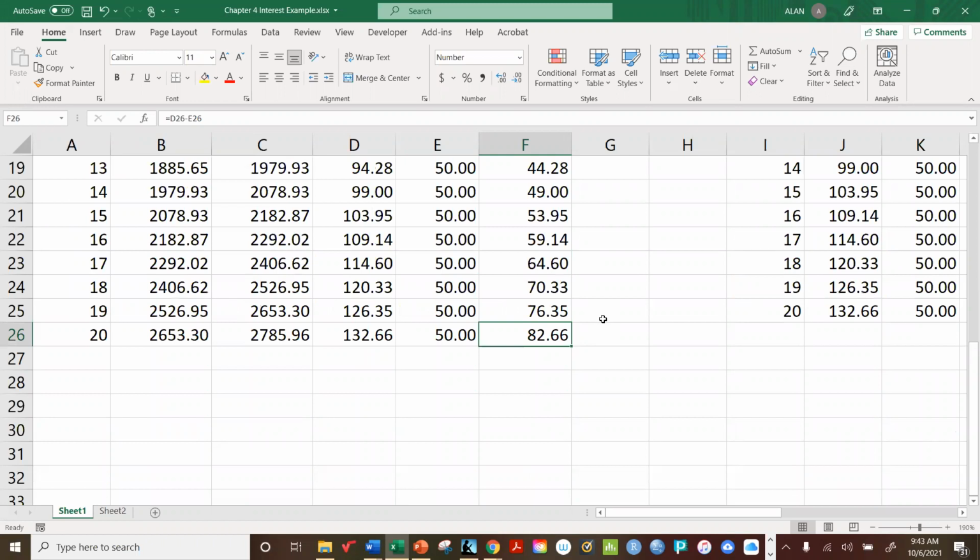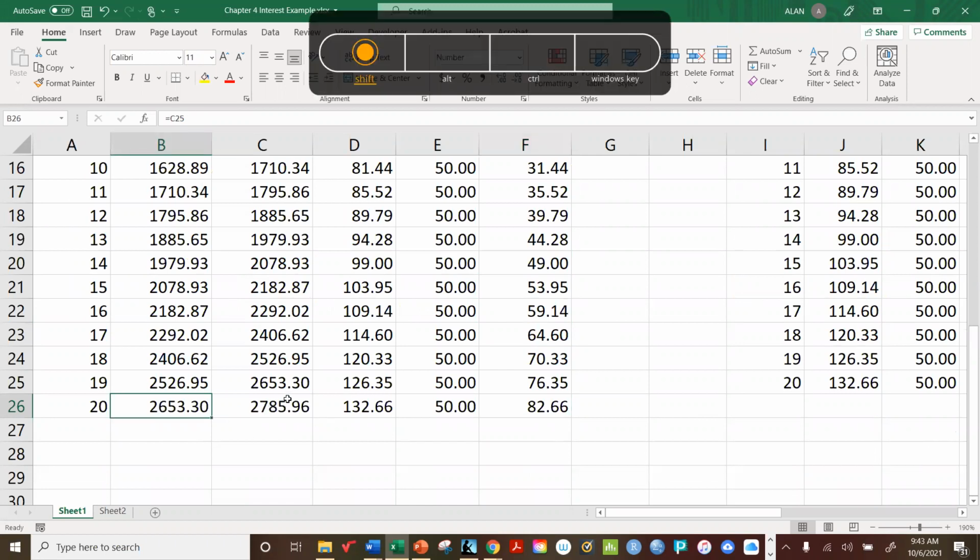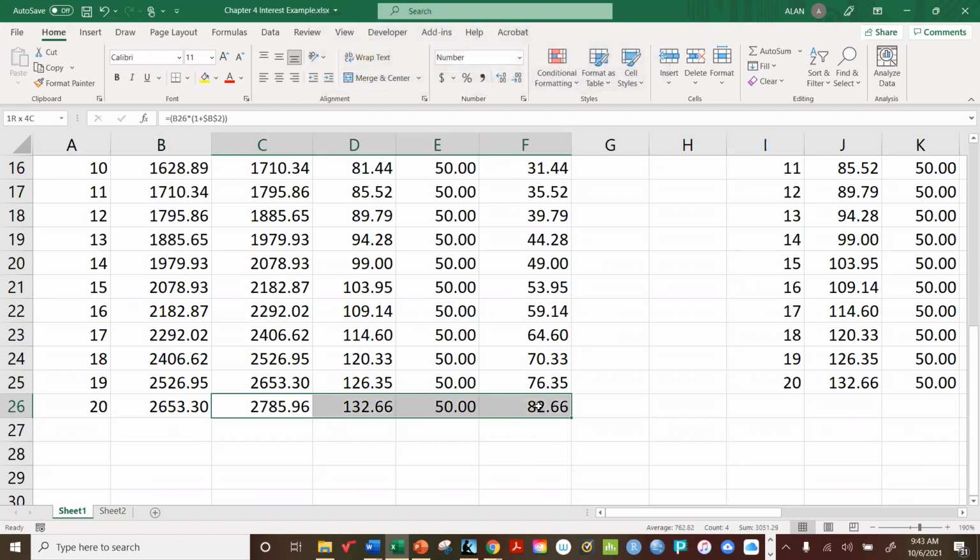Oh, I know what the problem is. You know what it is? This last row is not set up correctly because this is the ending balance. This implies that there's going to be one more round of payments, which is not the case. So we'll just leave it. I didn't even notice that.